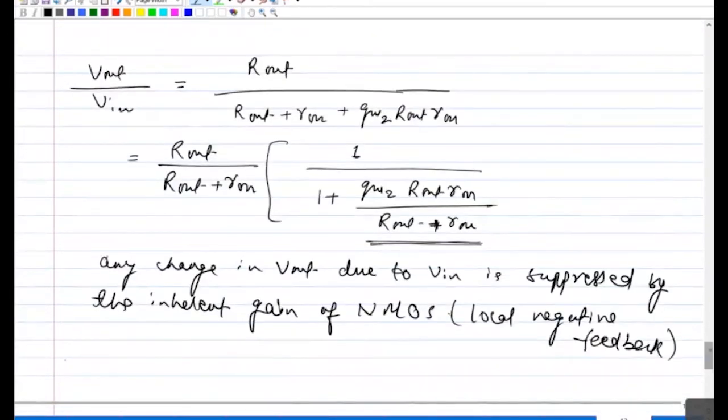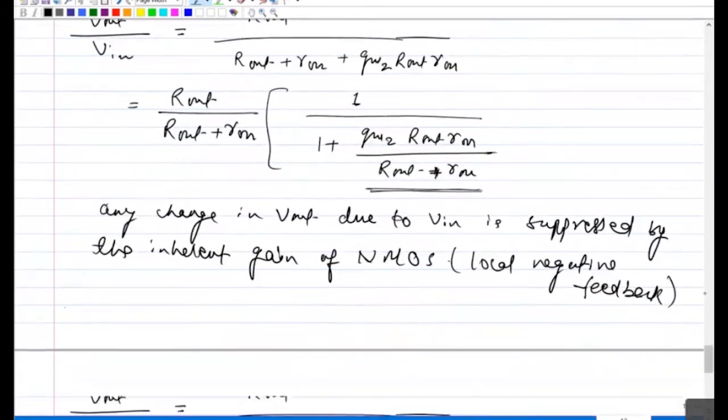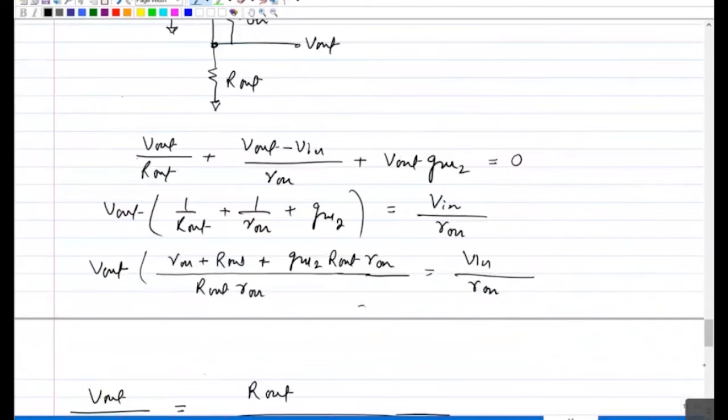So now your PSRR is better, obviously, which means in the open loop your PSRR is better. If you remember in the other case, your PSRR was 1 over GM into R out of your first stage, basically the gain, beta, 1 over beta GM1 R out, or I would say 1 over beta AO1.